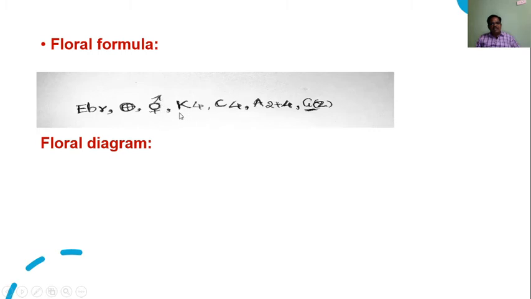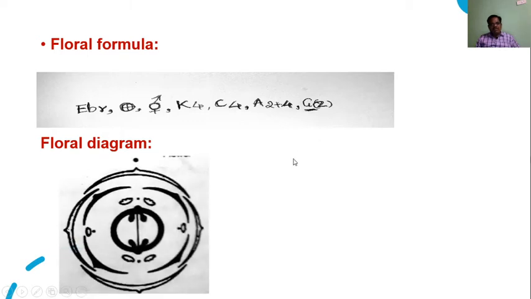Then calyx, sepals are 4, they are free. So sepals 4, polysepalous, petals 4, polypetalous. Then androecium, 2 are short, 4 are long, so they are 6 in number. And gynoecium, bicarpellary, syncarpous. The bracket indicates that syncarpous means both the chambers are joined together.